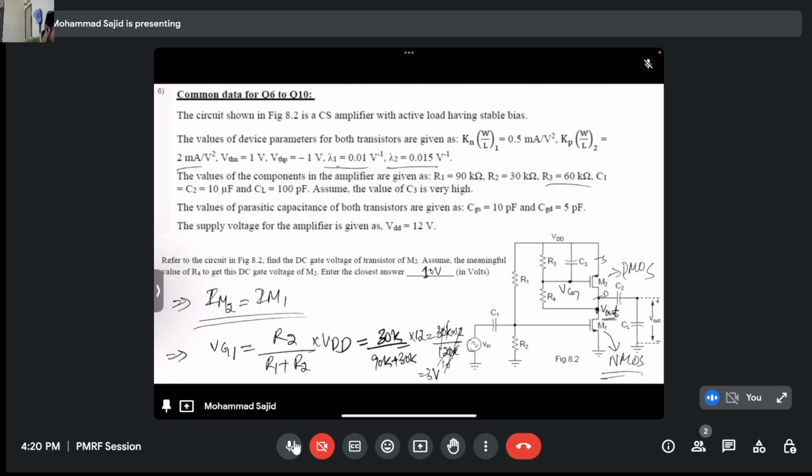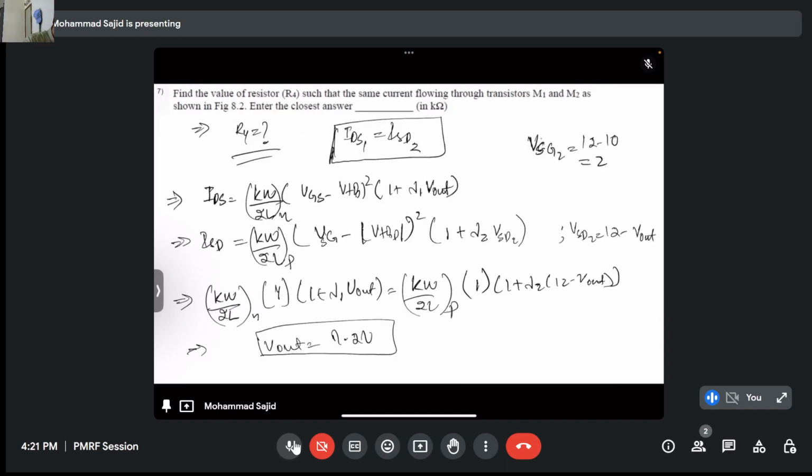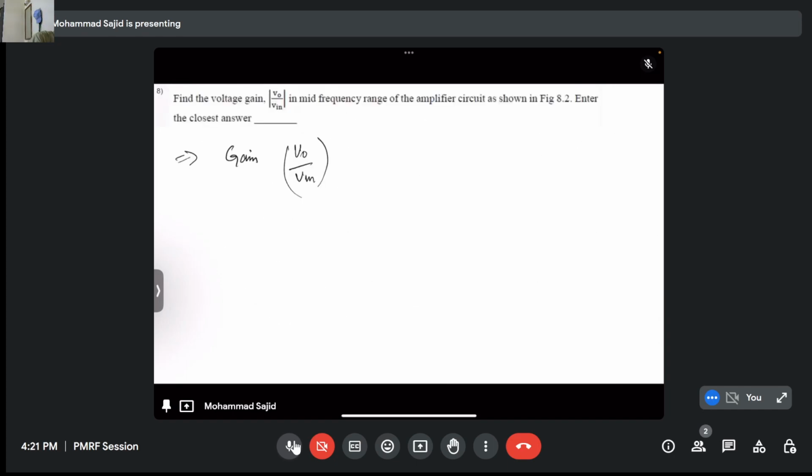And the easiest way will be if you find directly the resistance looking into this terminal, the drain terminal of PMOS, right? Let me just draw the circuit. This is again same analysis. You can use this as an assignment.